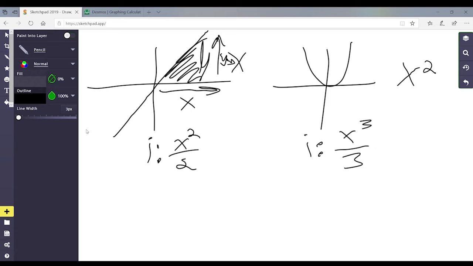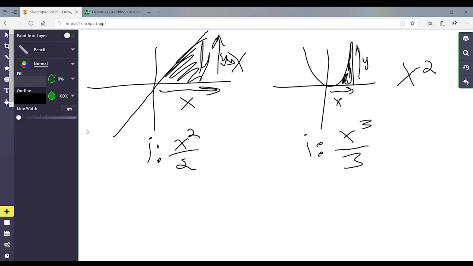Now, when we increase the power like this, in any case, it could be x squared. For example, here we have the area under the curve, x squared, so that's going to be our y. Y is going to be x squared, and we're still multiplying it by another x by increasing that power. So it makes sense, right? Because we're multiplying it by x to get that full area.